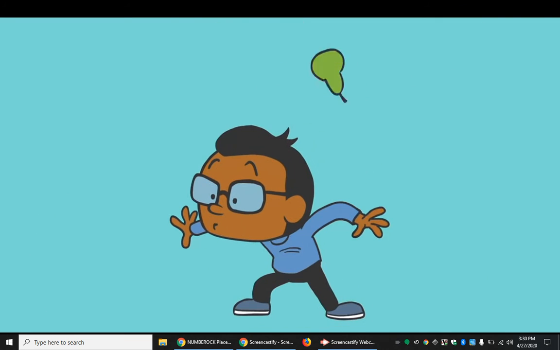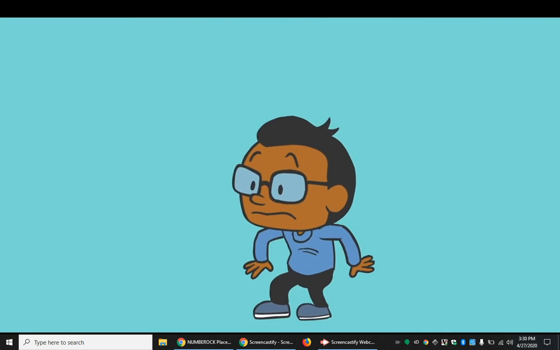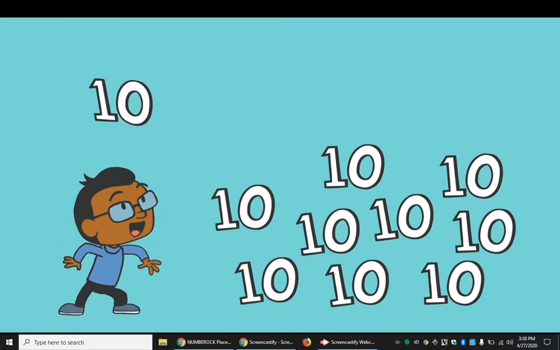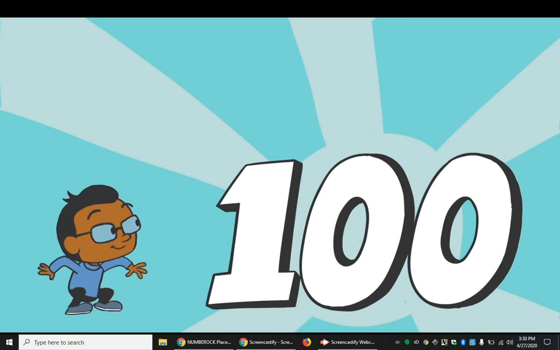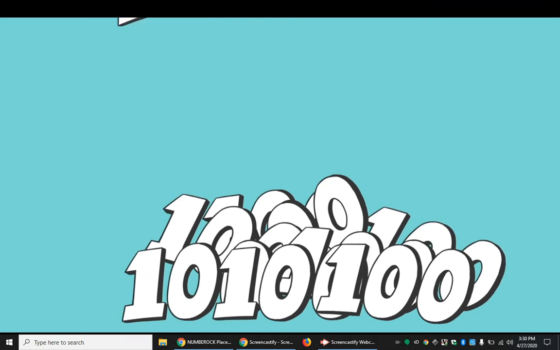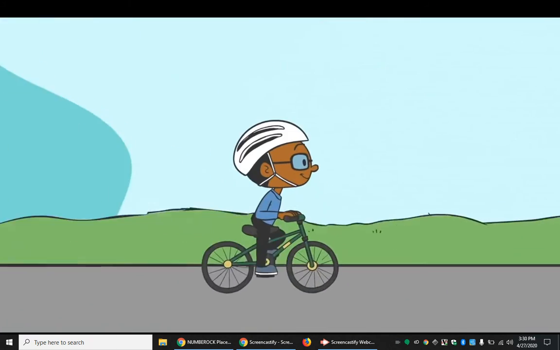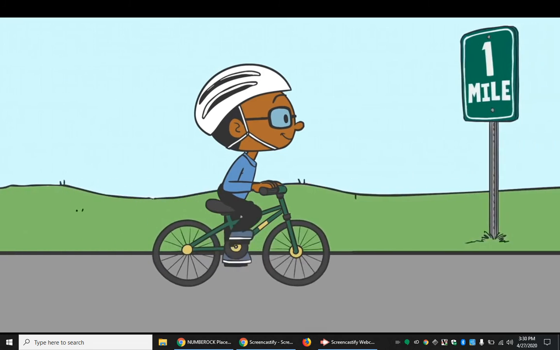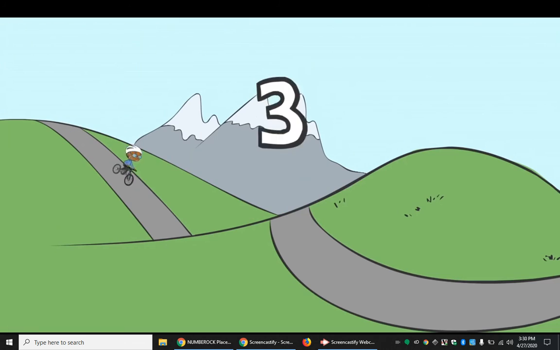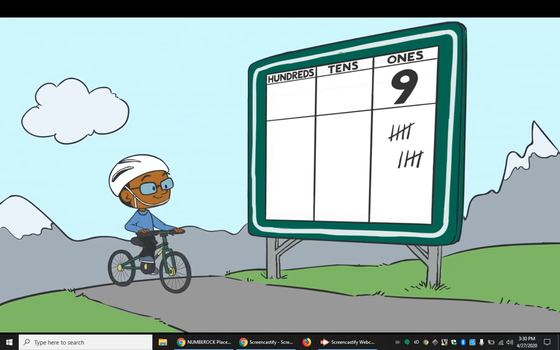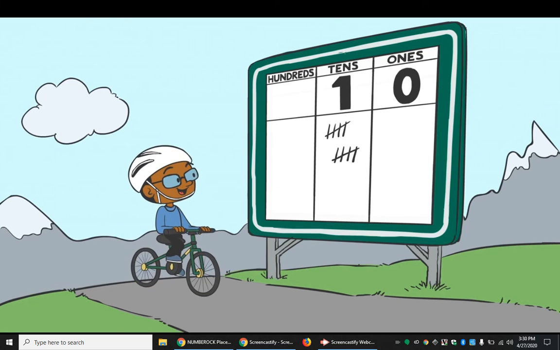The pair bumped me on the head, and I said, 10 ones make 10. 10 groups of 10 are 100. 10 hundreds make 1,000. The pattern never ends. I rode my bike 1 whole mile, then 2, 3, 4, 5, 6, 7, 8, 9, and in a little while, another mile made one group of 10.